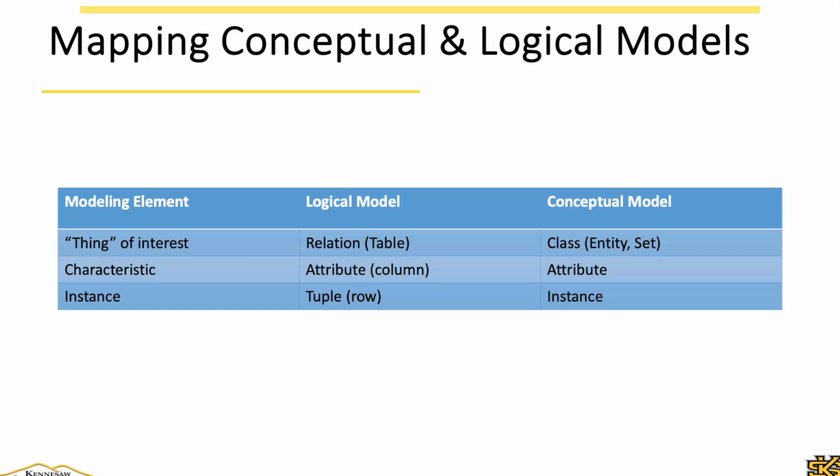For example, in the table for students, the attributes were first name and last name. A tuple is an instance of that thing of interest, a row in that table. In other words, a relation is also called a table, an attribute is also referred to as a column, and a tuple is often called a row. So technically, they are all the same, just with different names.